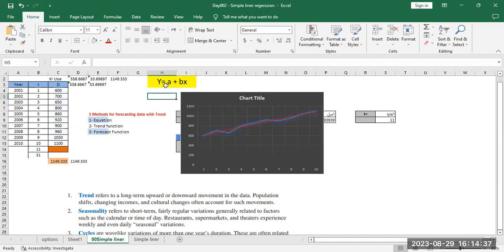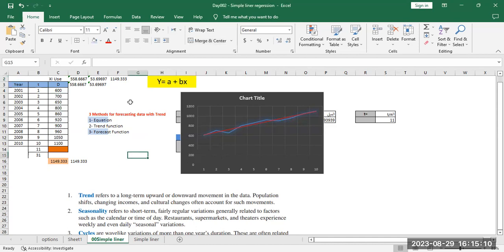Here, a is called the intercept, and b is the slope, times x, which refers to the period you want to make the forecast for. Very simply, you just have to use the data to apply this equation. But there is one very important question: how can we get a and b? We can get x very simply, it's the period we need.